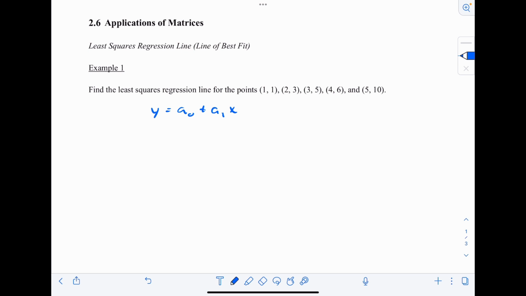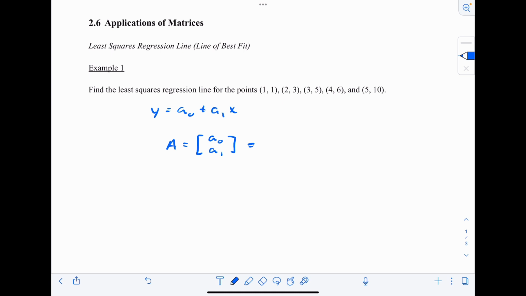Another way to think about this is that we're ultimately trying to find a matrix that is going to give us those two values. We're going to look for a 2x1 matrix where the first entry is the y-intercept and the second entry is the slope. The way that we're going to find this, I'll give you the whole big formula, and then we're going to break this down into pieces.